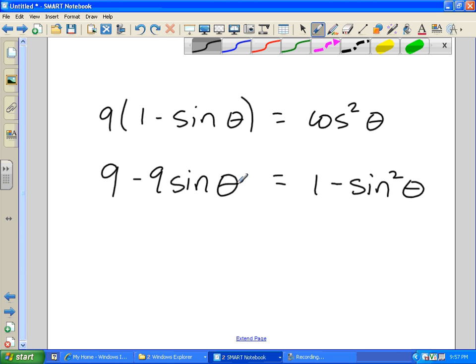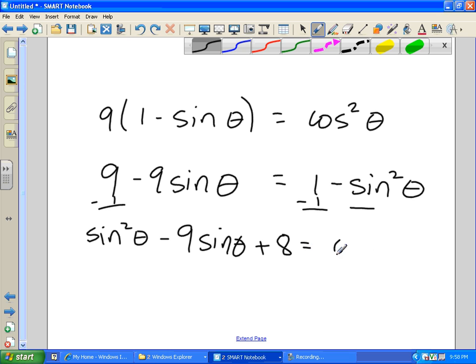Now, let's set it equal to 0 since it's a quadratic form. So this one's going to add over, and so we'll make it positive. So it would be sine squared theta. Now we'll bring down minus 9 sine theta. Now let's bring this 1 over, and so that will give me a positive 8 there.